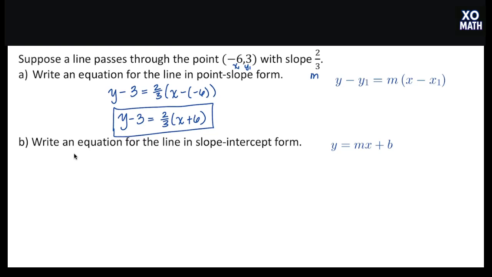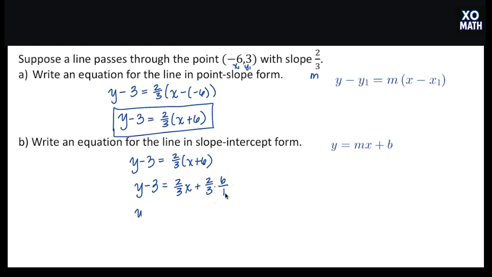So I'm going to start with y minus 3 is equal to 2/3 times the quantity x plus 6. I'm going to distribute the 2/3 to the quantity x plus 6. So y minus 3 is equal to 2/3 x plus 2/3 times 6. Now, 2/3 times 6, well, 2 times 6 is 12, divided by 3 is 4.